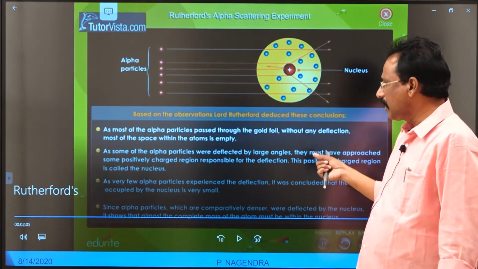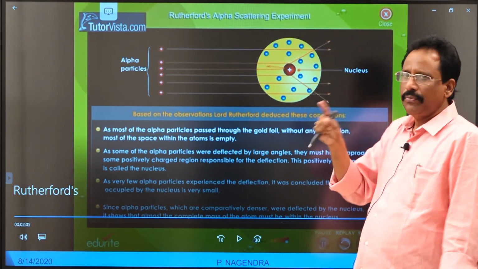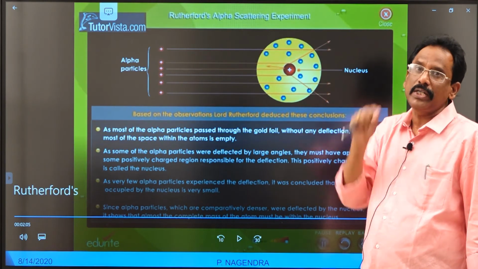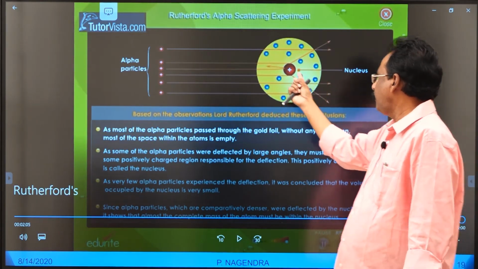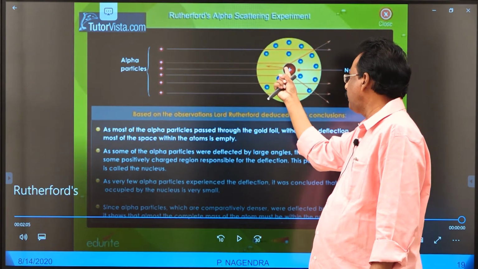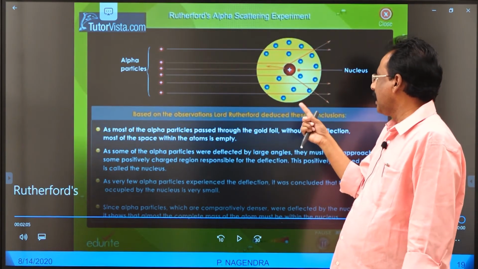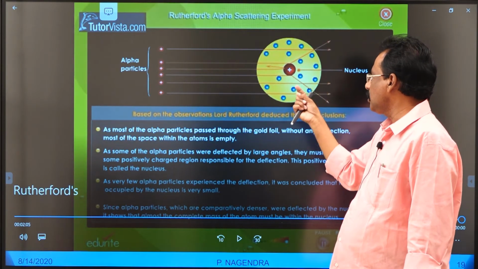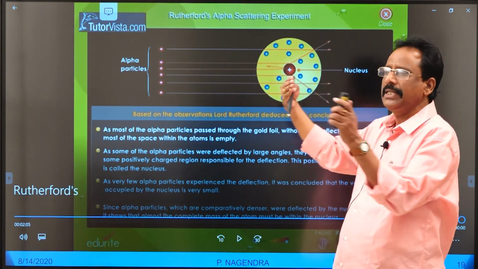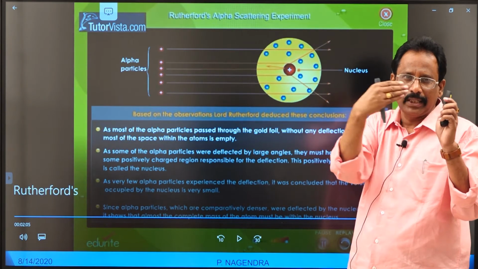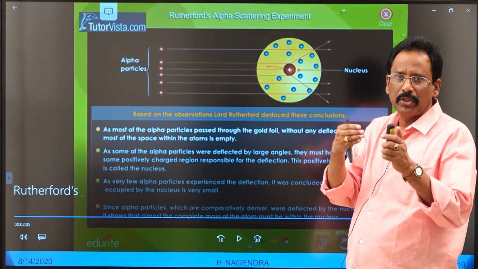And the third observation is very few, 1 in 20,000 particles, are deflected back. See here, deflected back along their original path, indicating that out of about 20,000 particles, only one particle directly struck the center part of the atom, that means the nucleus.